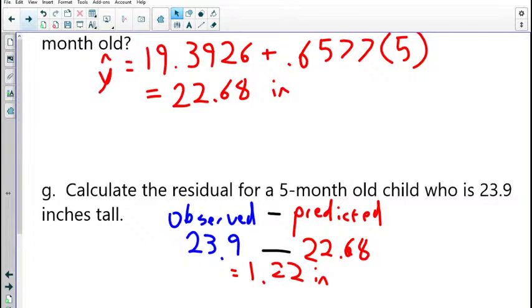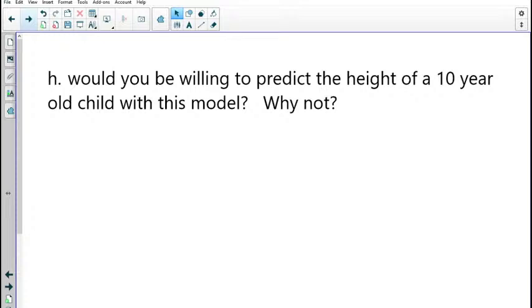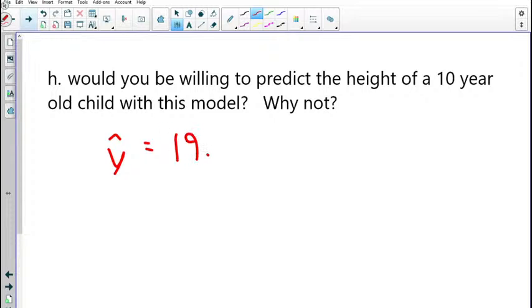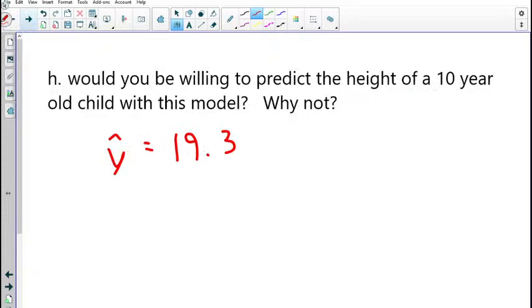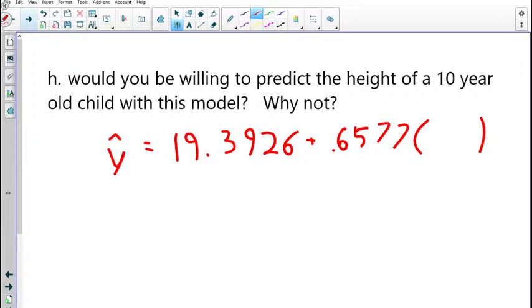Last question. Ten-year-old child with this model. Let's do that just for fun. What do I plug in for x? It's not 10. It's 120, because we're in months.